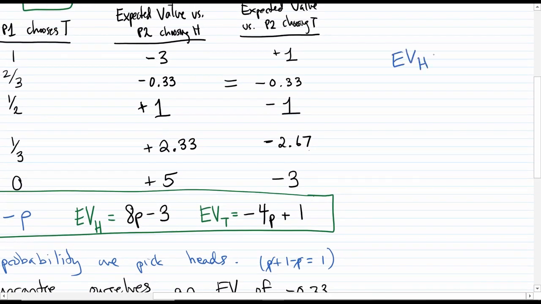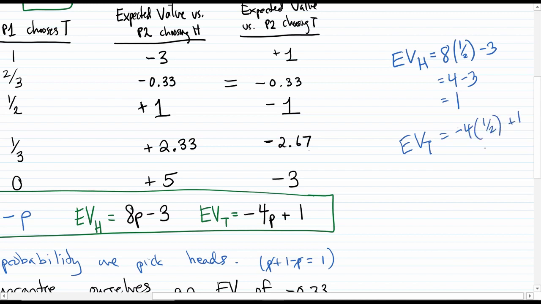And what is EV sub h when I plug in 1/2? Well, it's just 4 minus 3, which is equal to 1. And what's EV sub t when I plug in p equals 1/2? Negative 4 times 1/2 plus 1. Negative 2 plus 1 is negative 1. Well, hold on. If you just take a look at what we've already done, that's just telling us the expected values that we got from before.